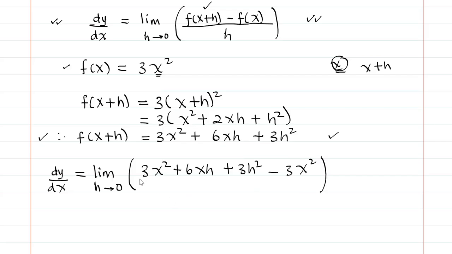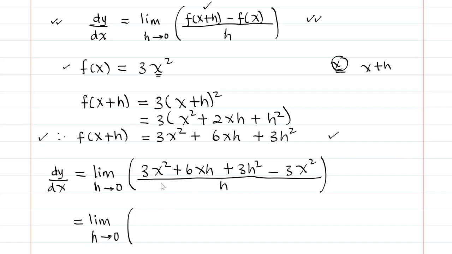But remember, all this is over h. Divide all the terms by h. And then from here we further simplify. So this equals the limit as h tends to 0. I will explain how this part of the limit will disappear.